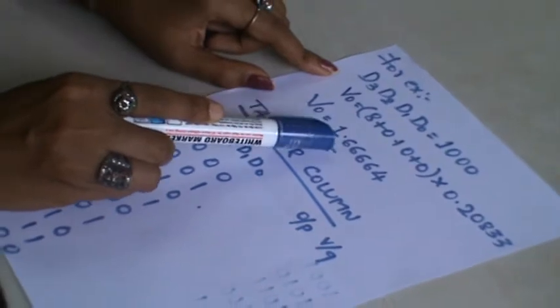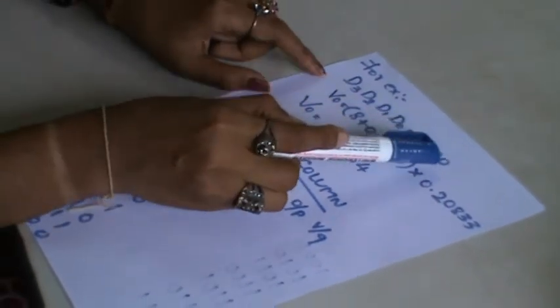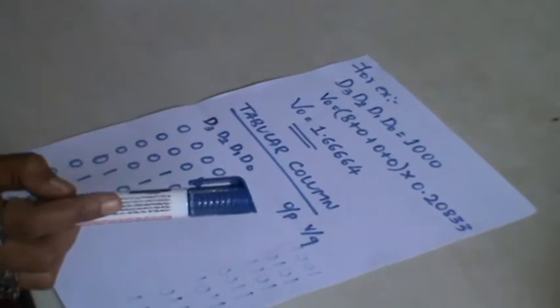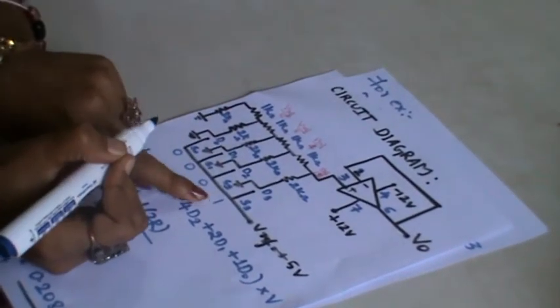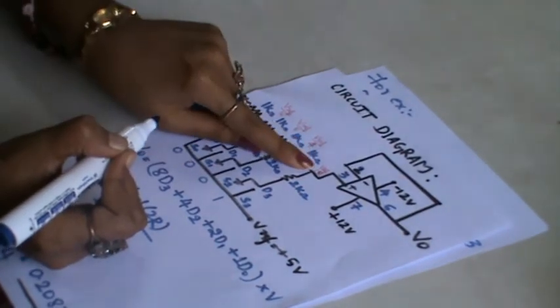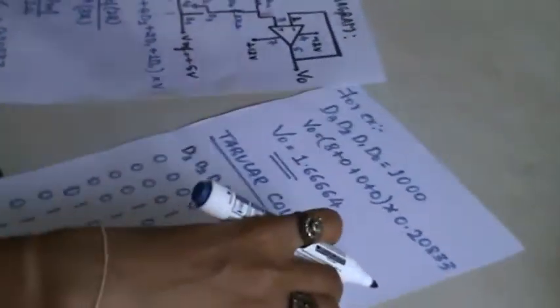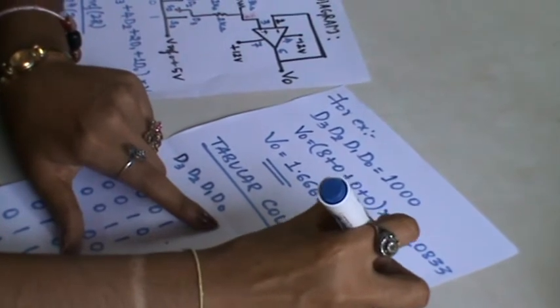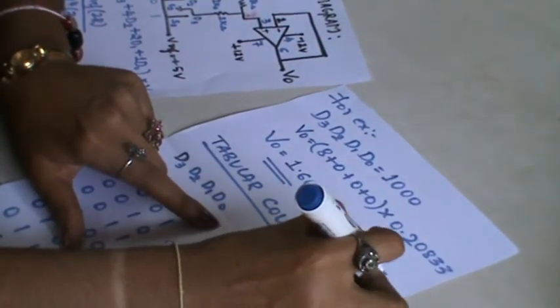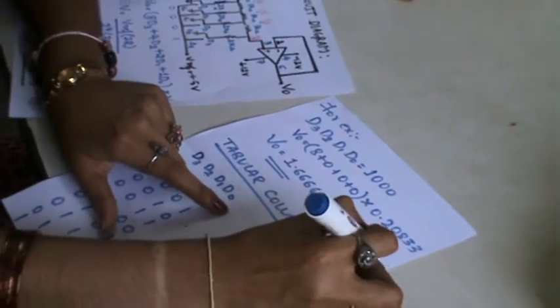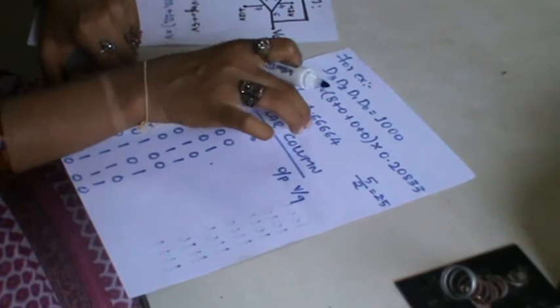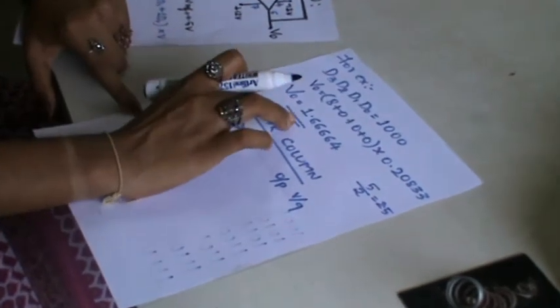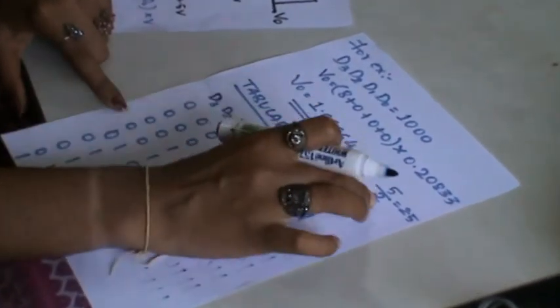Actually, this is not the near value for this input. For 1000, the MSB bit is 1, so it should be V reference by 2. V reference is 5, so 5 by 2 will be 2.5 volt. The actual value we have to get is 2.5, but when we use this formula we get only 1.664. Now we have to check through the circuit.